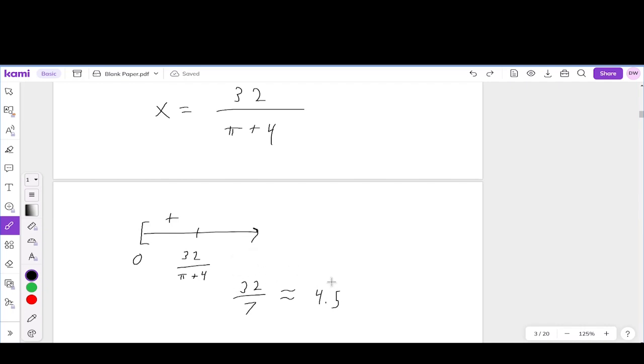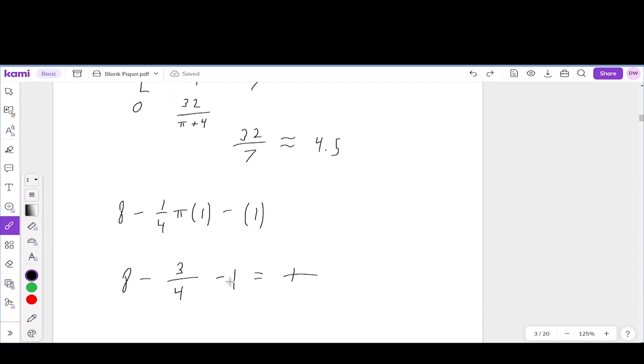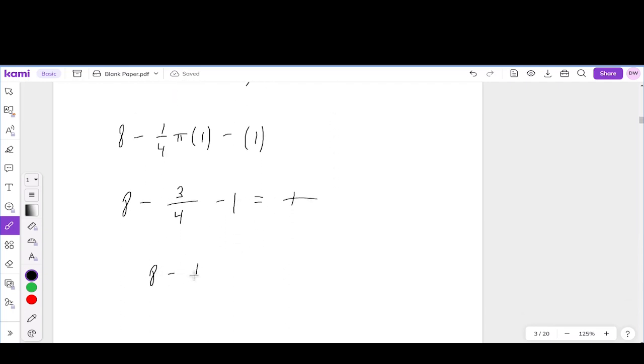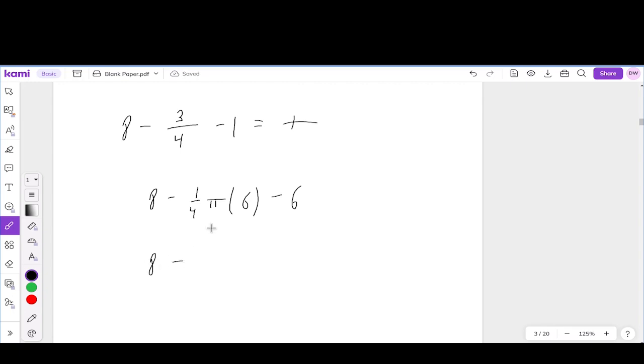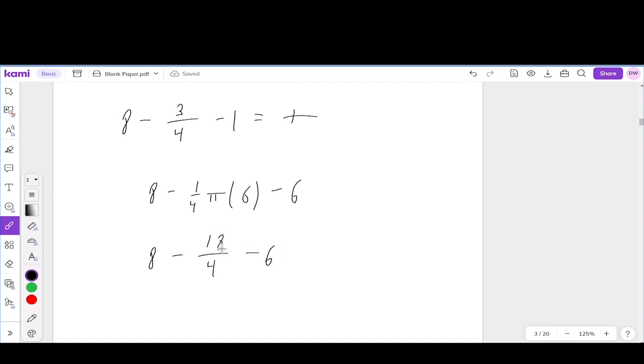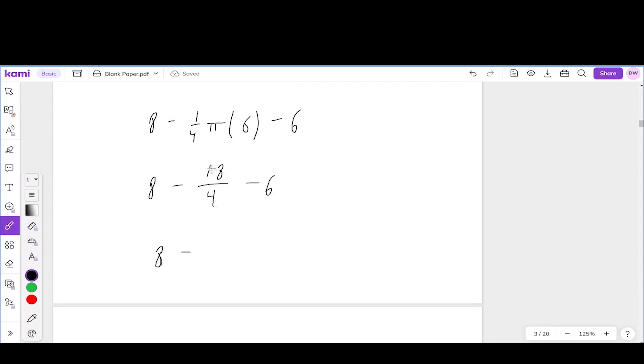And I basically need to plug in a number greater than 4.5. I'll choose 6 just to be safe. So 8 minus 1/4 pi times 6 minus 6. So that's going to be 8 minus, again, pi is about 3. This is about 18/4. And 18/4 is really 9/2, which is really 4.5 minus 6.